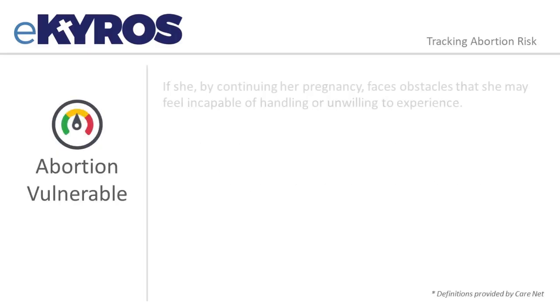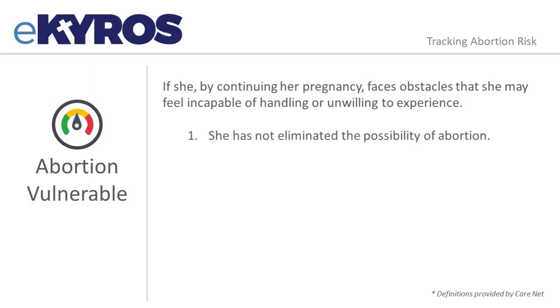Next, you would assess a client as abortion vulnerable if she, by continuing her pregnancy, faces obstacles that she may feel incapable of handling or may be unwilling to experience. For example, if she meets one or more of these criteria, you would assess her as abortion vulnerable. Number one, she has not eliminated the possibility of abortion.